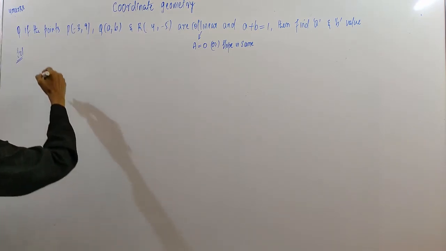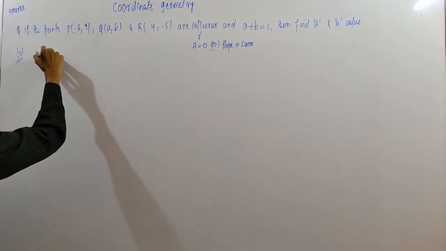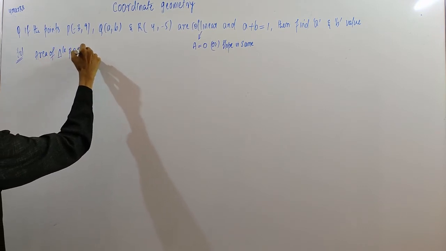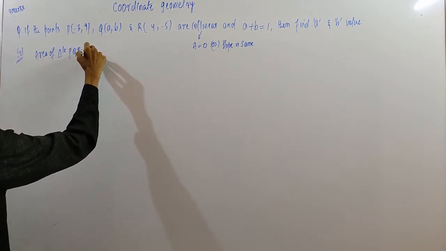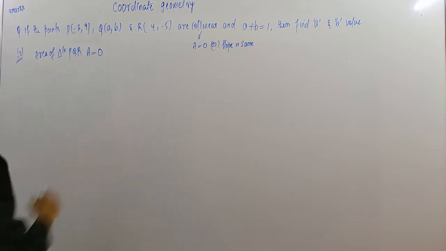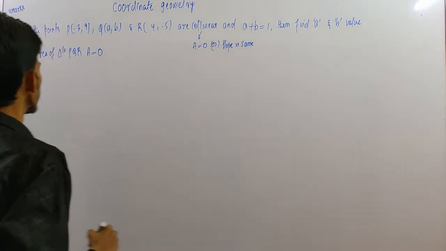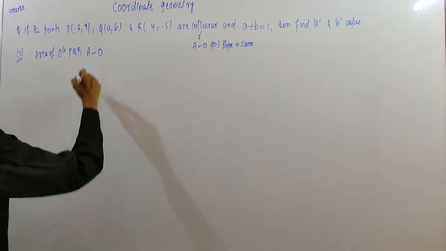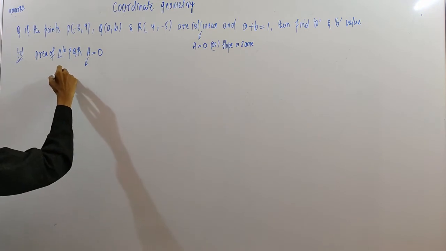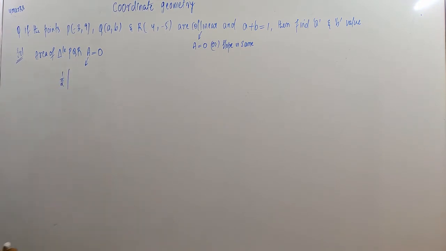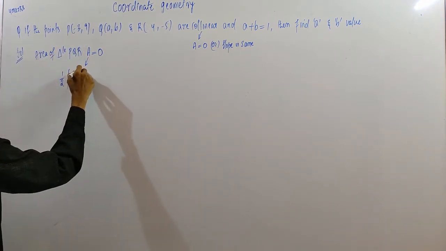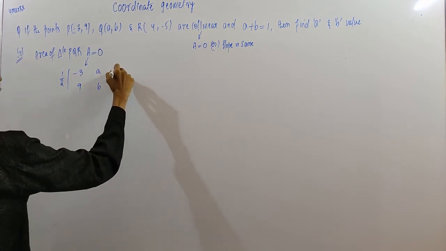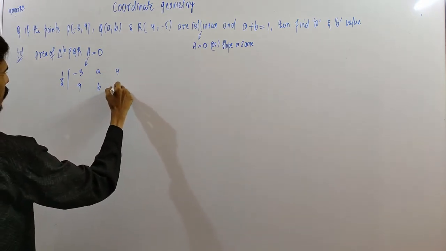Let us take the area of the triangle. Area of triangle PQR, let it be A, equal to 0 since collinear is mentioned. So area of triangle PQR, that is A equal to 0. Now write down 1 by 2 mod of -3, 9, Q (a, b), we have 4, -5.